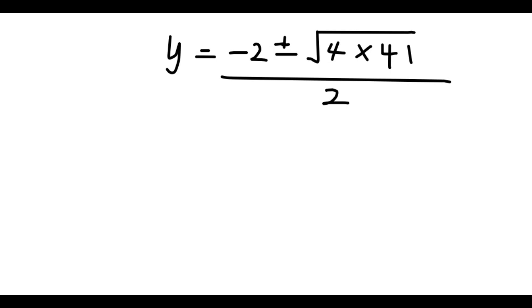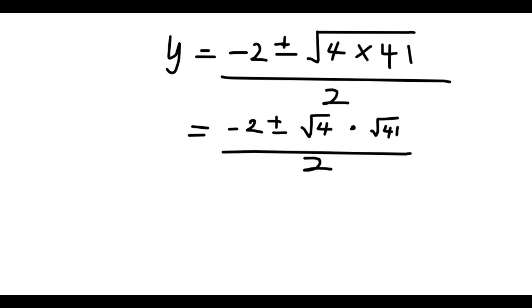We can then split this as minus 2 plus or minus square root of 4 multiplied by square root of 41, everything over 2. Square root of 4 gives us 2.